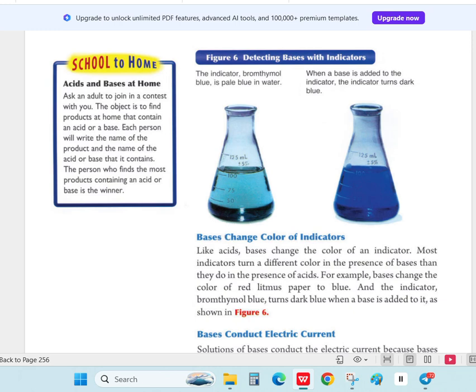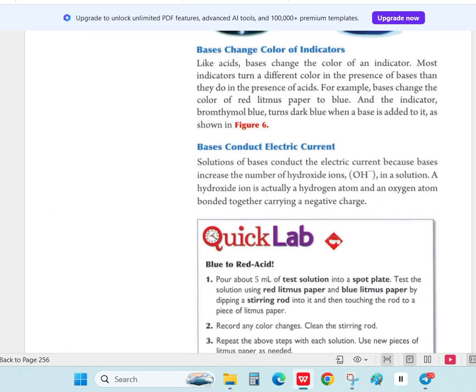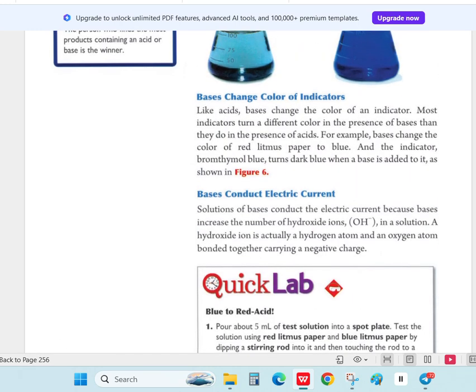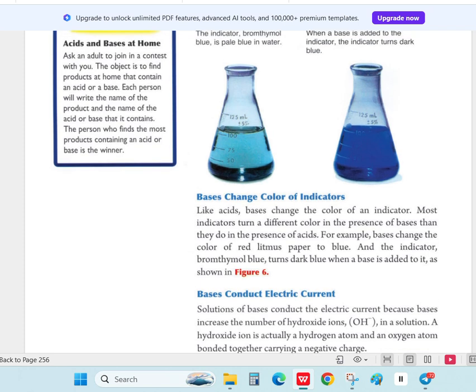Base changes the color of the indicator to dark blue. Another option is litmus paper. We have two methods to indicate whether a material is acid or base. The first is using an indicator, bromothymol blue, which turns base dark blue.